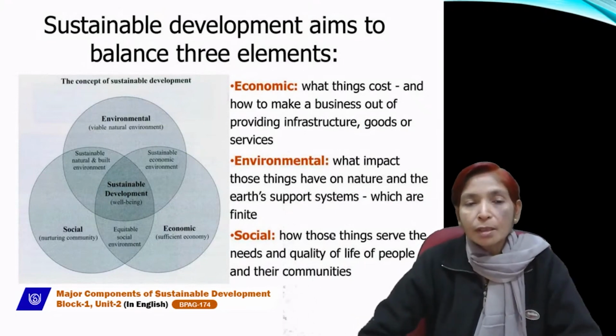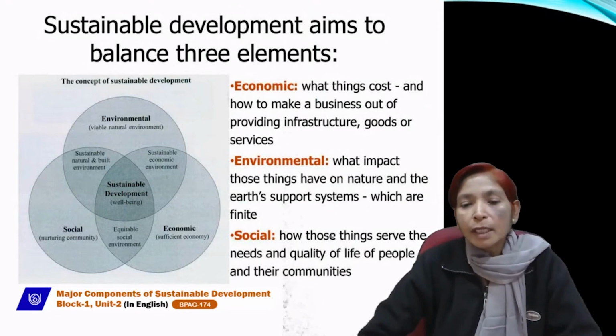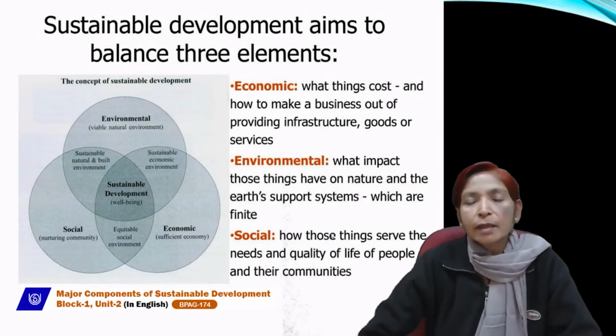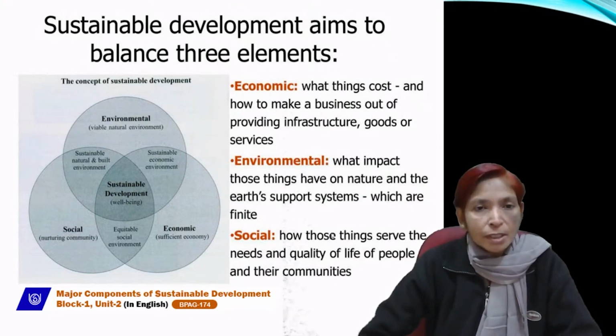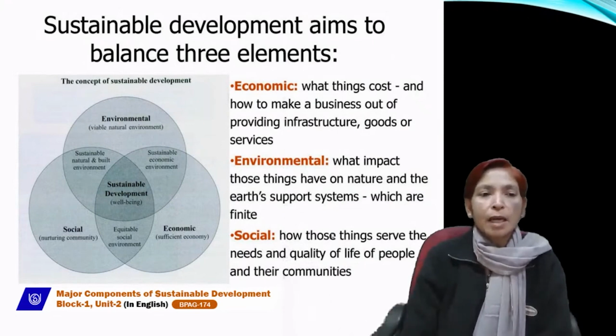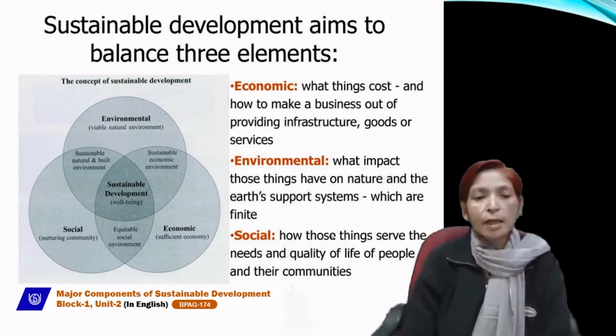And the social dimension tells us how those things serve the needs and quality of life of people and their communities. So, the concept of sustainable development includes three main dimensions, which are very important for its achievement: environmental, social, and economic.